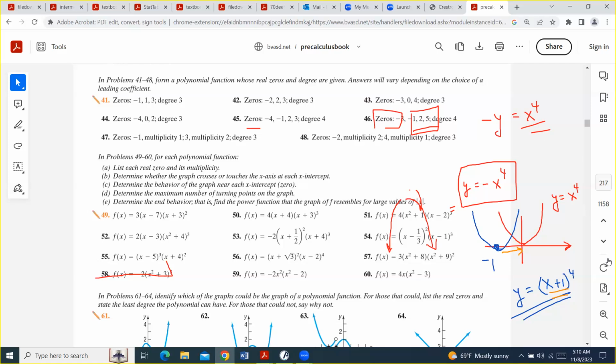Let me give myself a little bit of room, so maybe I can share a new screen for that. So exercise 49 says, look at the function. You can call it f of x, g of x. I usually call it y, and it's the same thing.